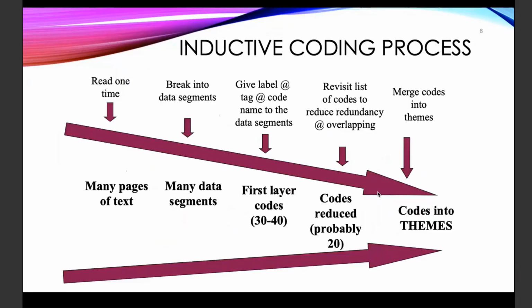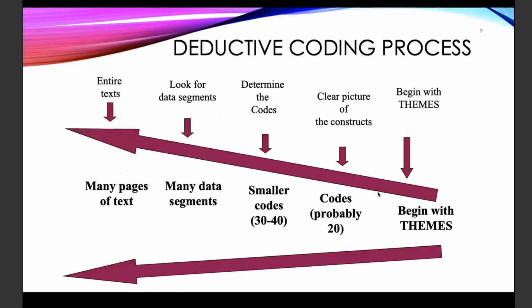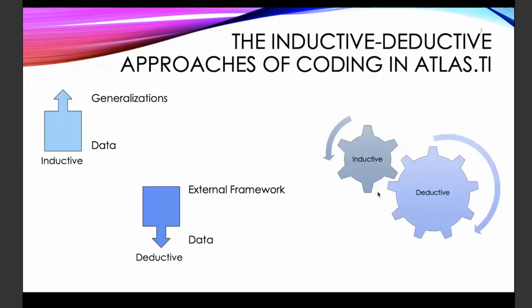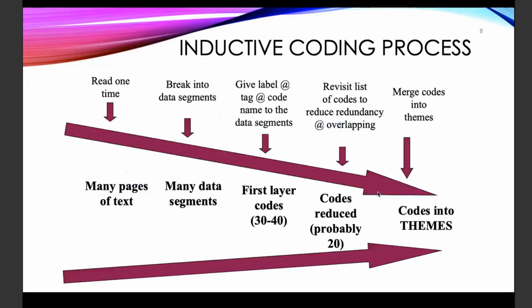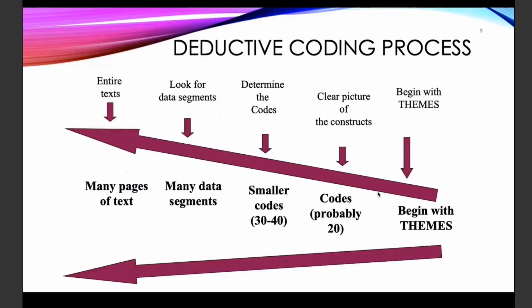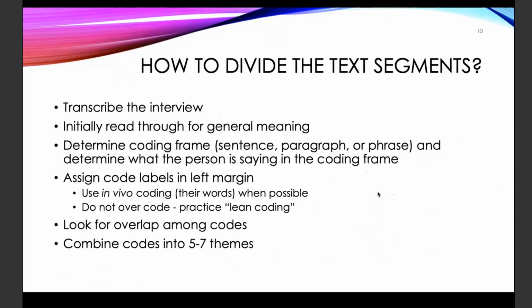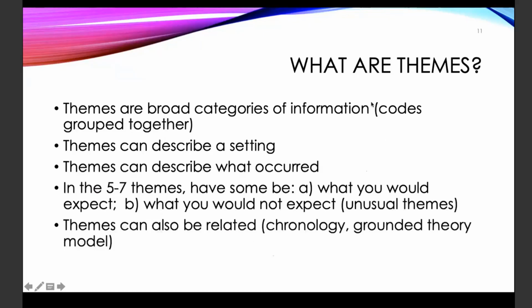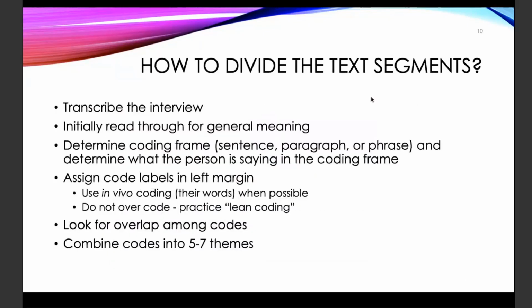I wish to share with you, I will come back to the inductive as well as deductive approaches, but most importantly, I want to share with you how to divide the text segment. Because just now we mentioned that you are supposed to do two things. Number one is we want to break down the data segments, and number two, we are going to find the themes.